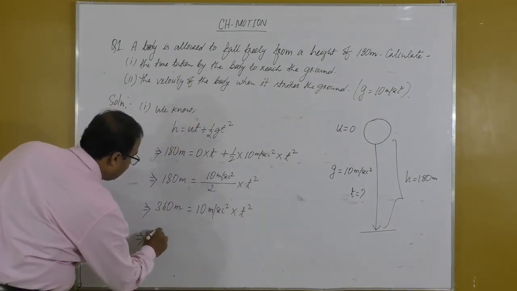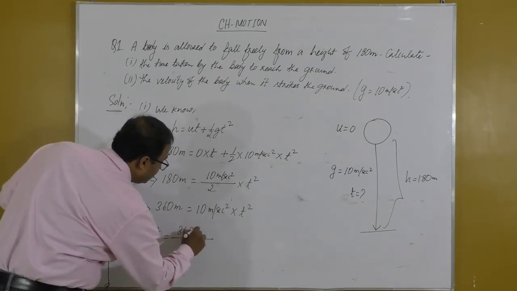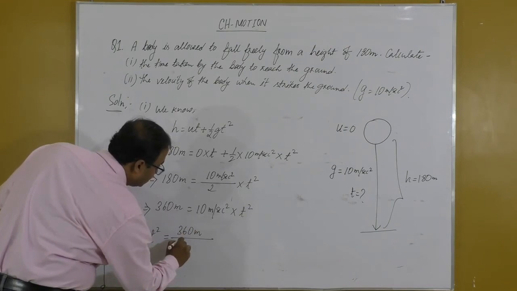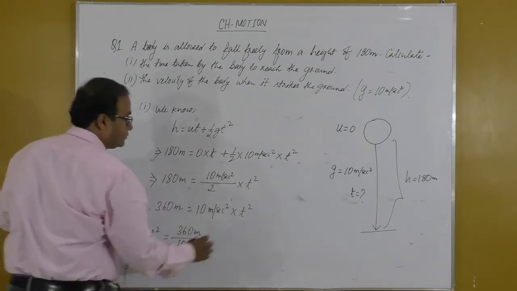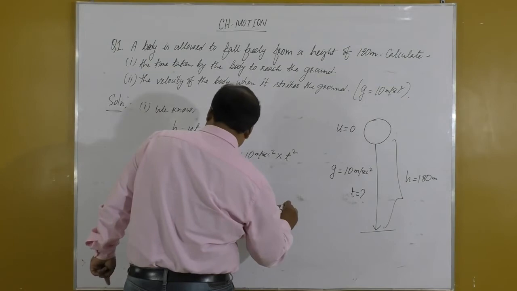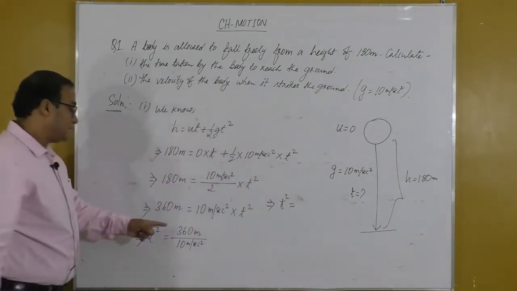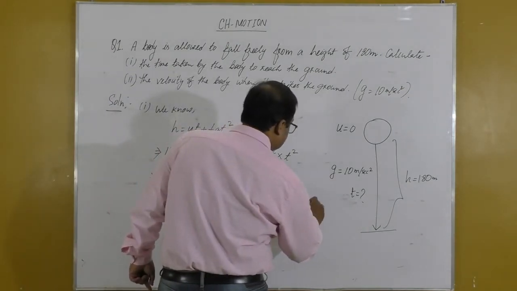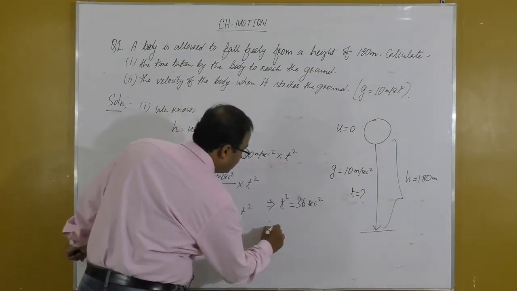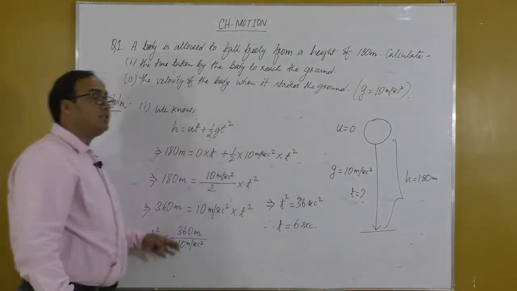So t square is equals to 360 meter divided by 10 meter per second square. So you will get t square as 360 divided by 10, t square हम लोग को मिलेगा 36 second square, therefore t is equals to 6 seconds. So we got the answer of first part.